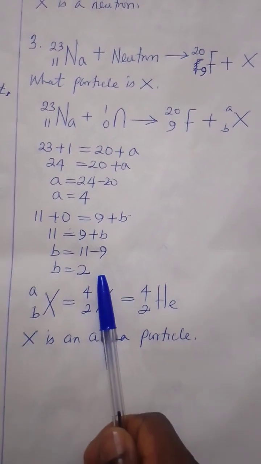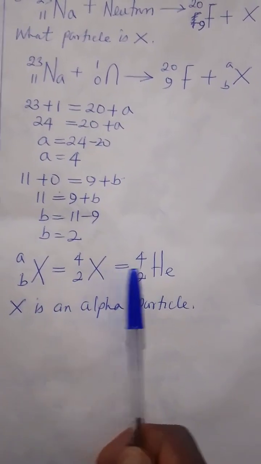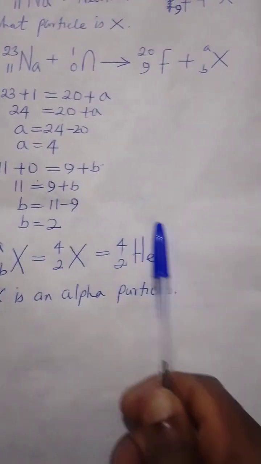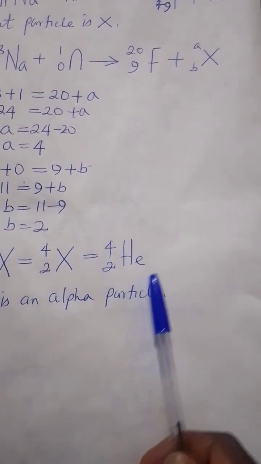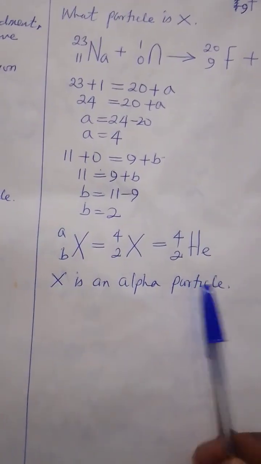So B is 2. So if you put the values there, it looks like helium, a representation of alpha particle. So X is an alpha particle.